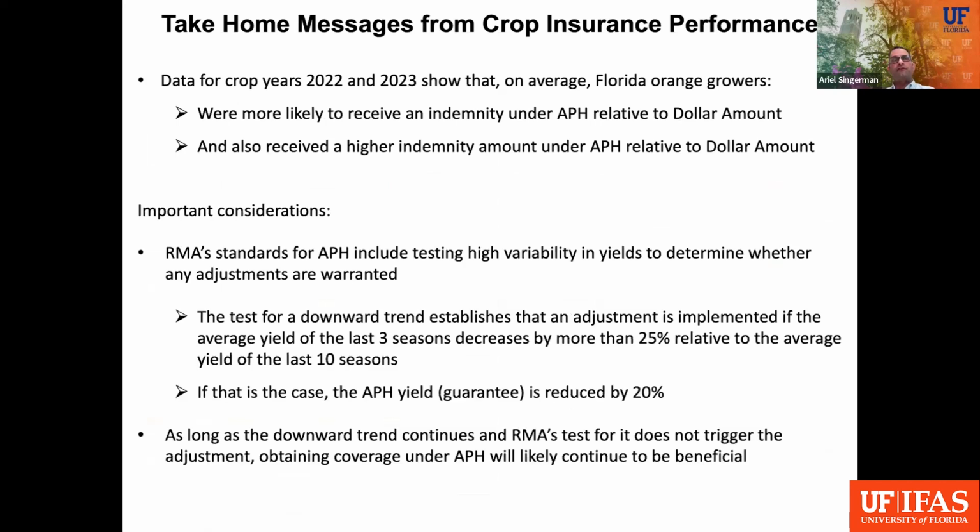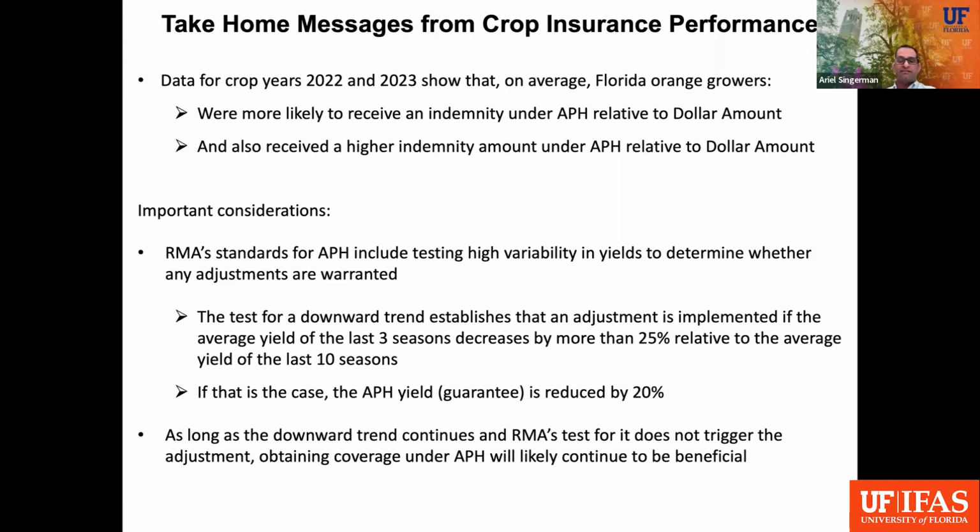Now, there are a few considerations here. The Risk Management Agency standards for this APH program include testing variability in yields to determine whether there's any adjustment to be made. The test for a downward trend establishes that an adjustment is implemented if the average yield of the last 3 seasons decreases by more than 25% relative to the average yield of the last 10 seasons.